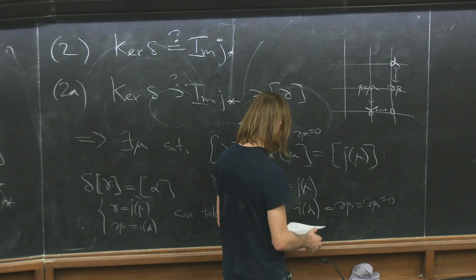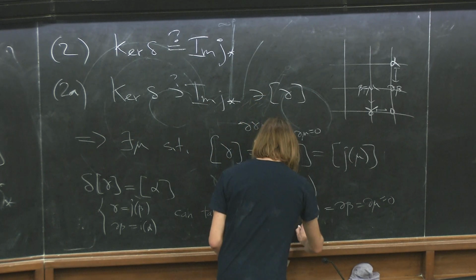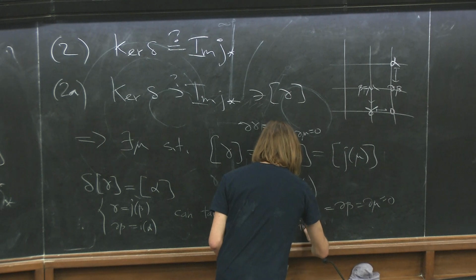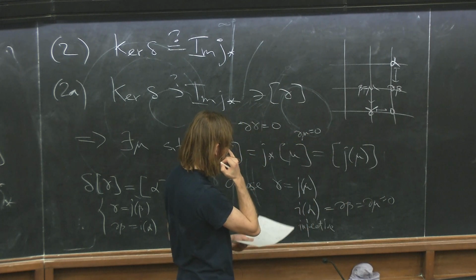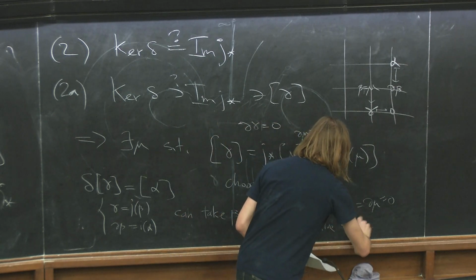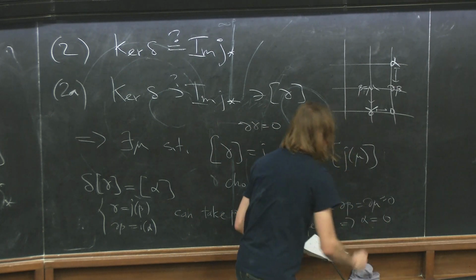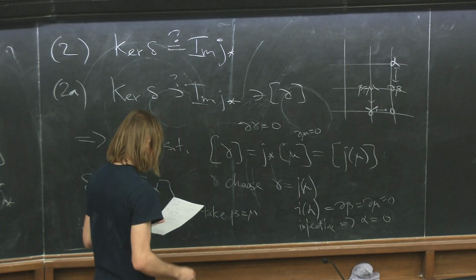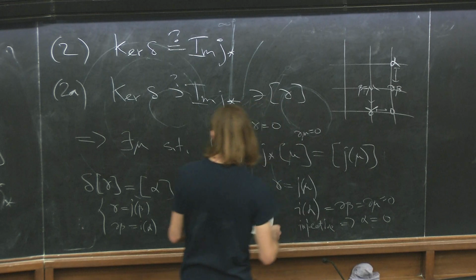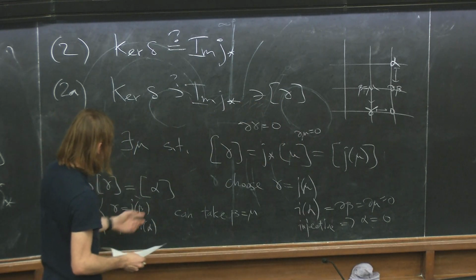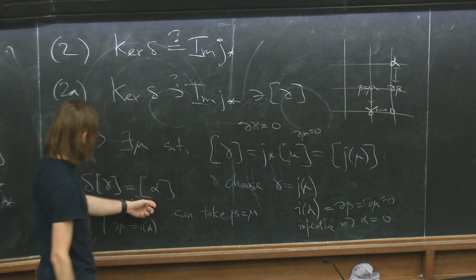And we know that i is injective. So i of alpha equals 0 implies that alpha is 0, and therefore its class is also necessarily 0.